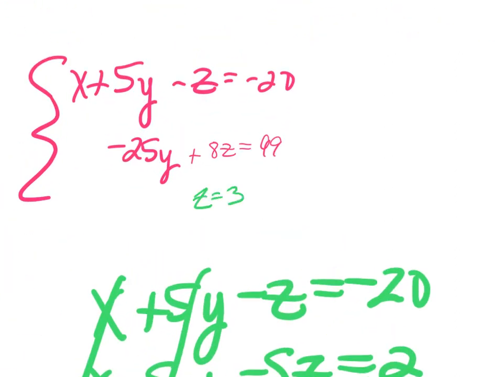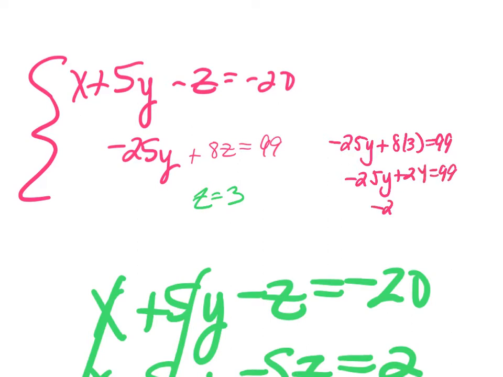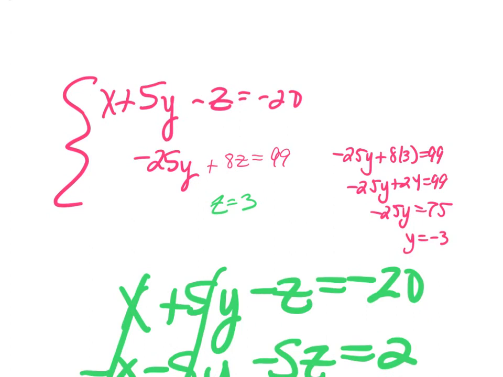We just use back substitution and go back in and solve. So I have negative 25y plus 8 times 3 equals 99. So negative 25y plus 24 equals 99. Negative 25y equals 75. So y equals negative 3. And then I take that, plug it in the top.